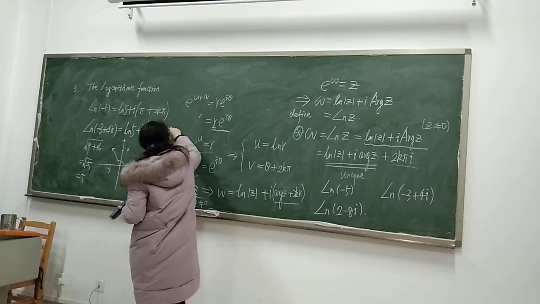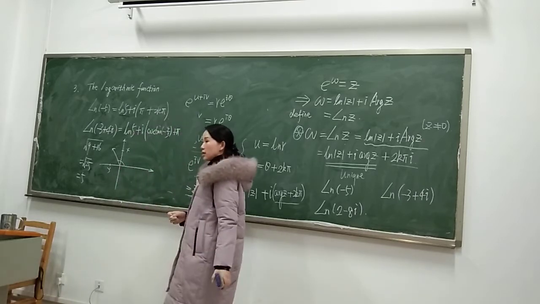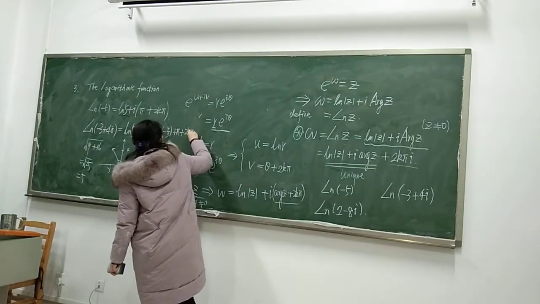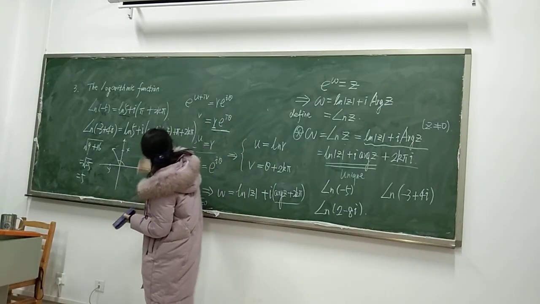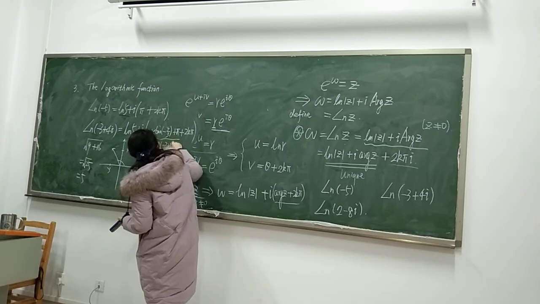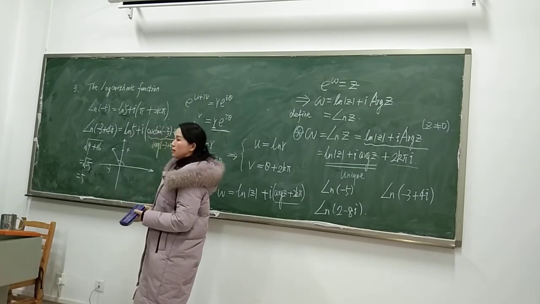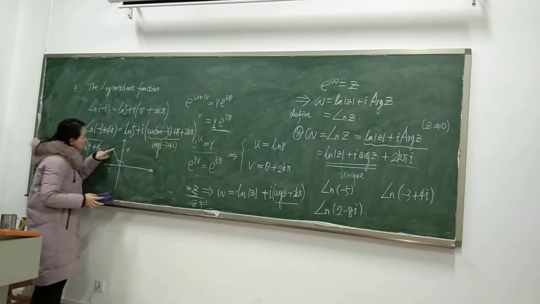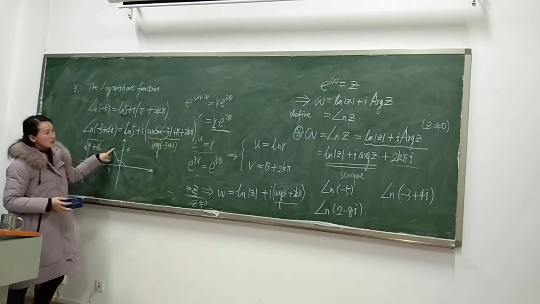Plus, no, plus pi first. Then plus 2k pi. This part is the principal argument of this number. Because it's the second quadrant, it's arctangent y over x plus pi.